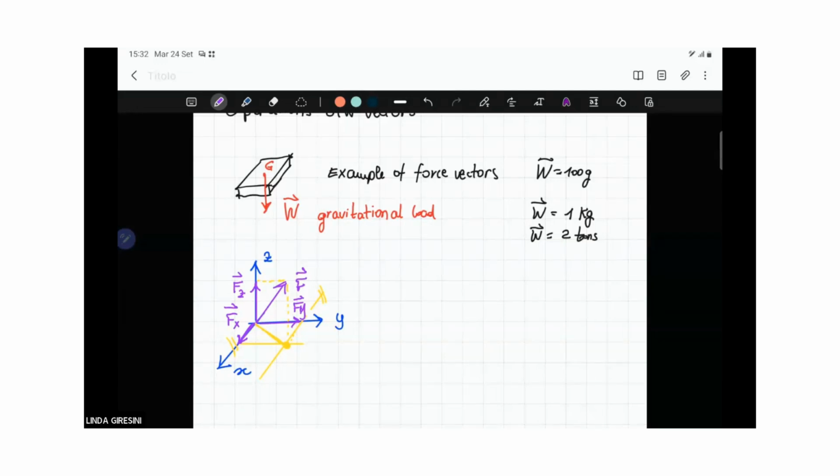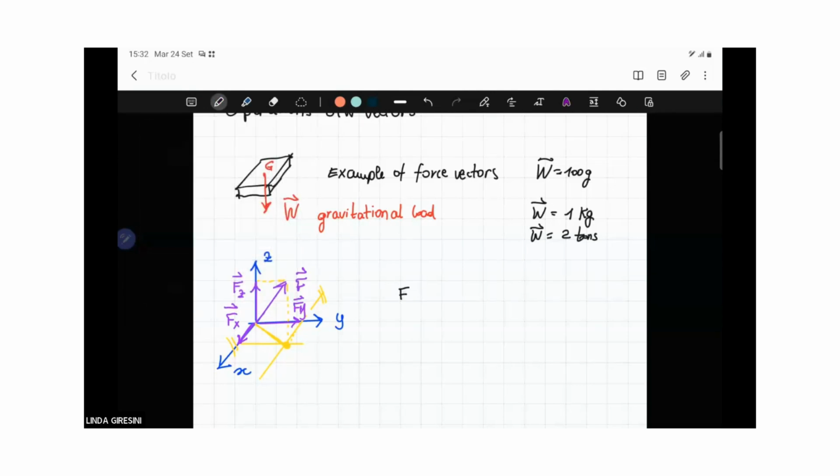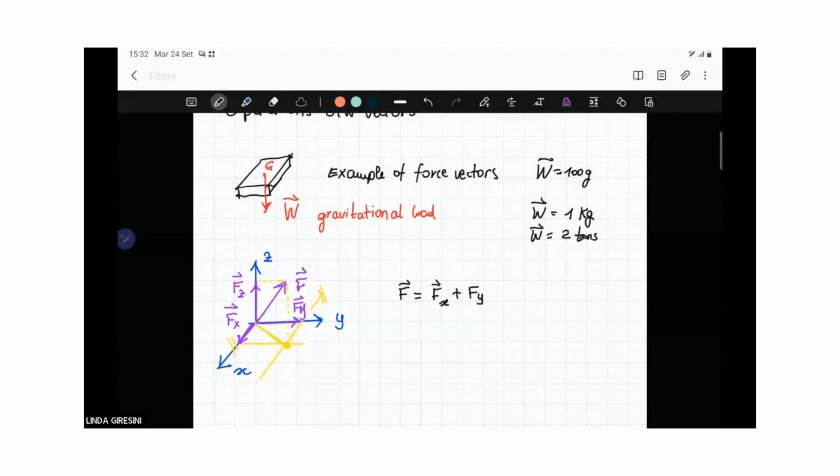So basically, your generic force F is given by the sum of the vectors Fx plus Fy plus Fz, all three vectors.